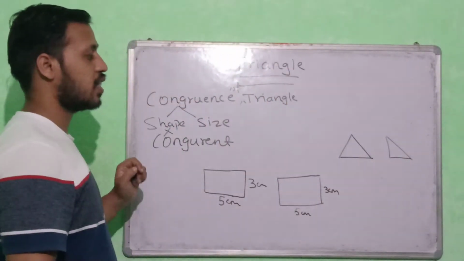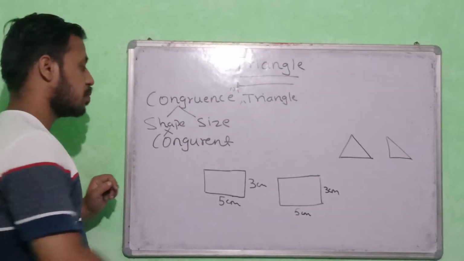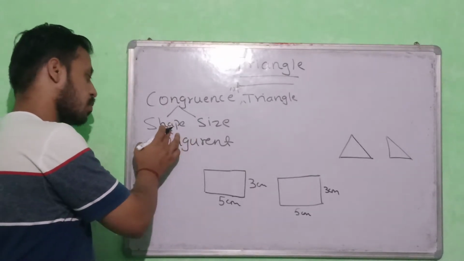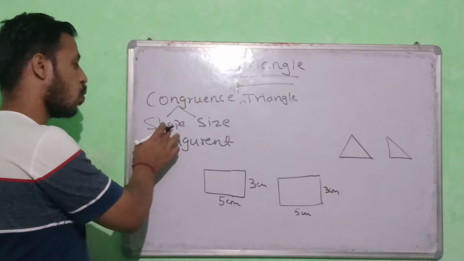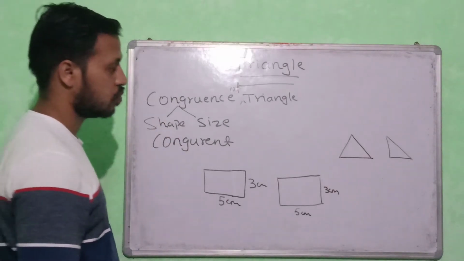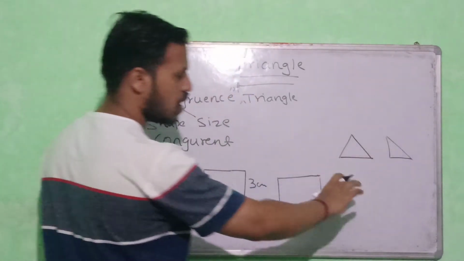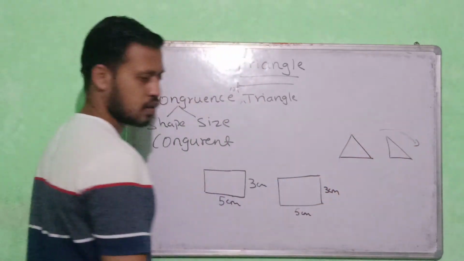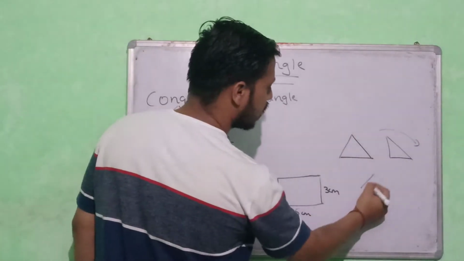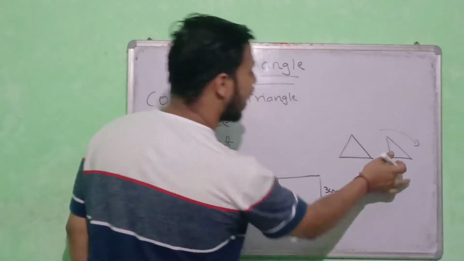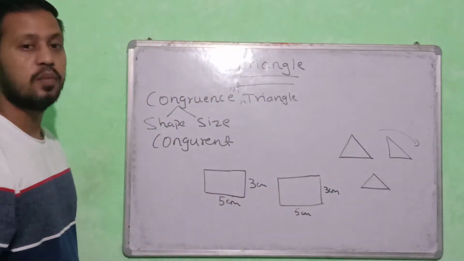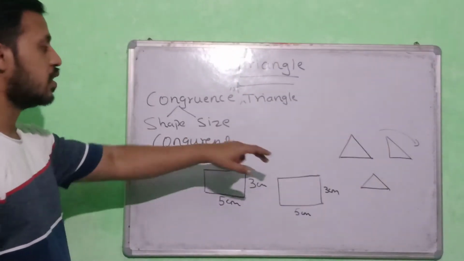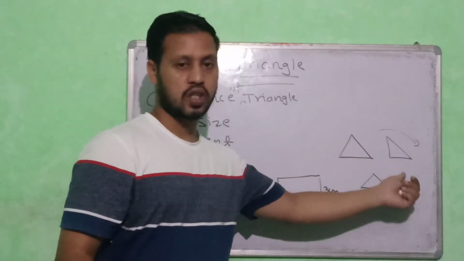So you cannot say both these shapes are the same. We require proper shape. If we rotate this like this, it will change to like this. But in the starting point, we need the same shape.